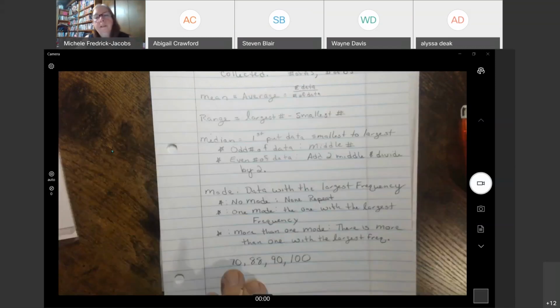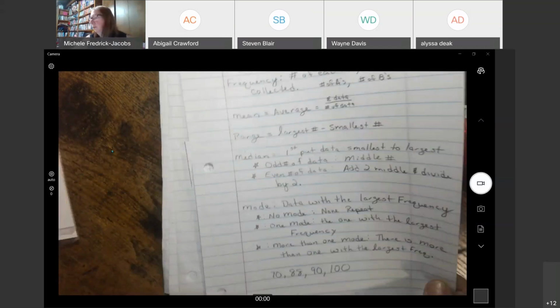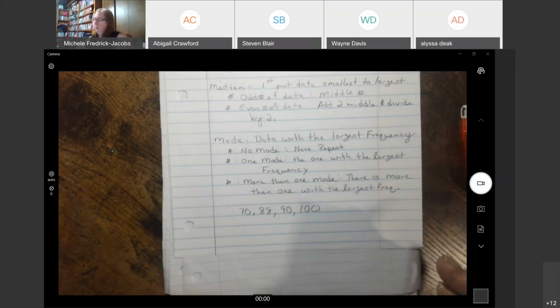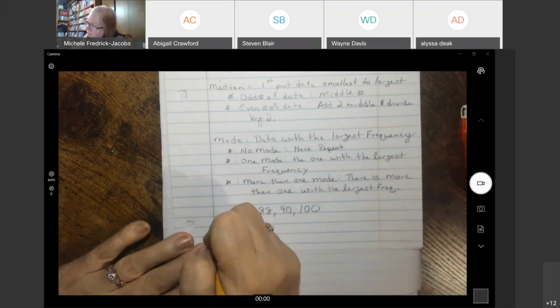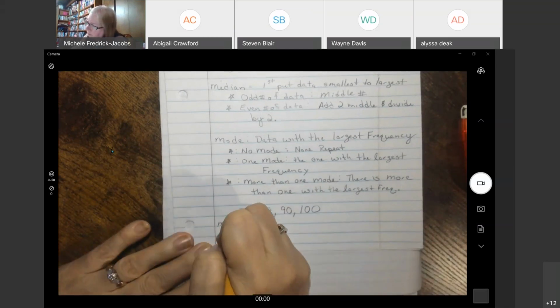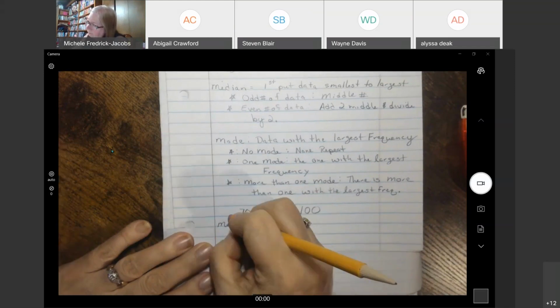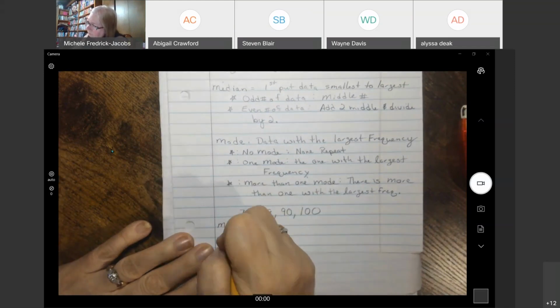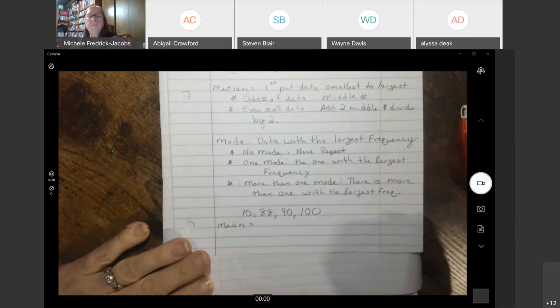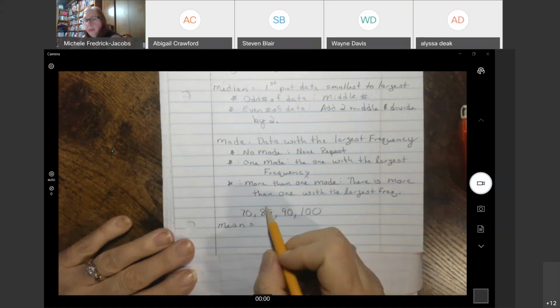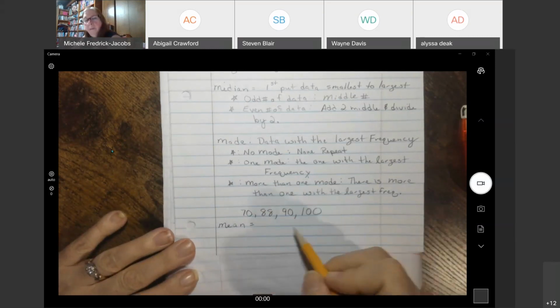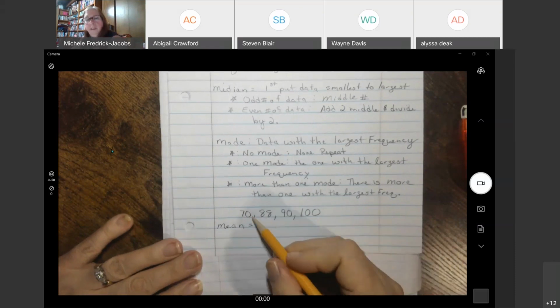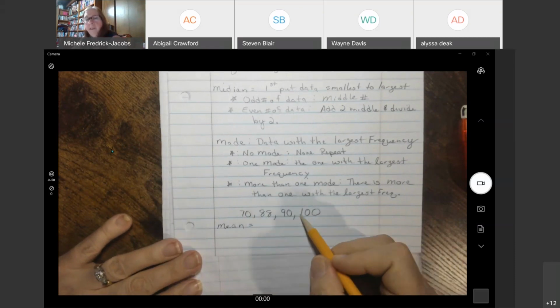So if we have these 4 numbers and we want to find the mean, median, mode, and range. For the mean, we add all of them up and divide by how many there are. So we would take 70 plus 88 plus 90 plus 100.